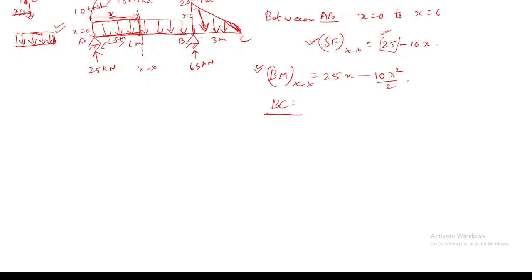Which point can I take here as the origin? Any idea whether I can take the origin at B or at C? C. Yes. Why are we taking the origin at C?